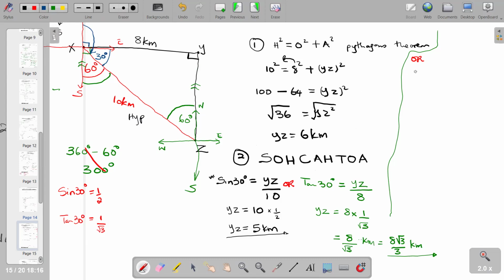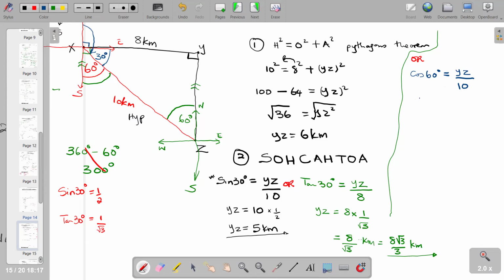So cos 60 degrees is equal to adjacent over hypotenuse. The adjacent is YZ, and the hypotenuse is 10. So cos 60 is equal to half.